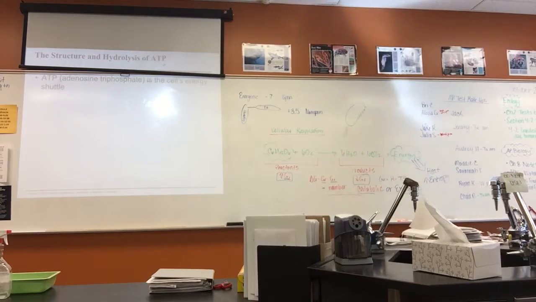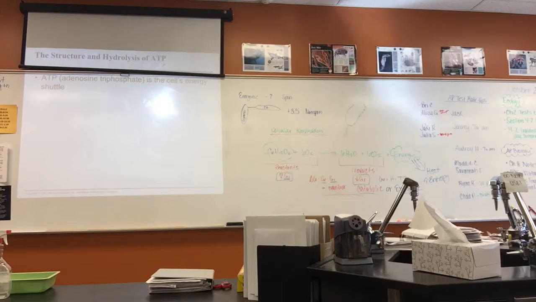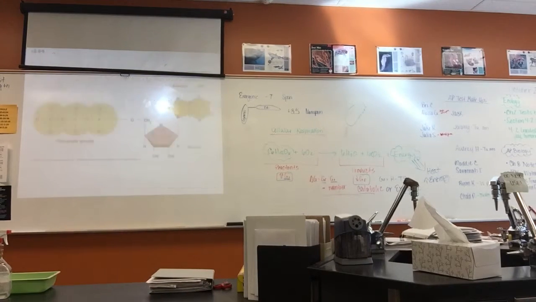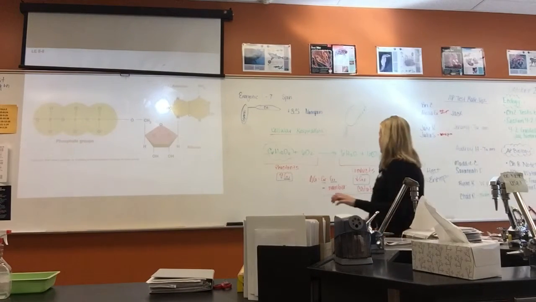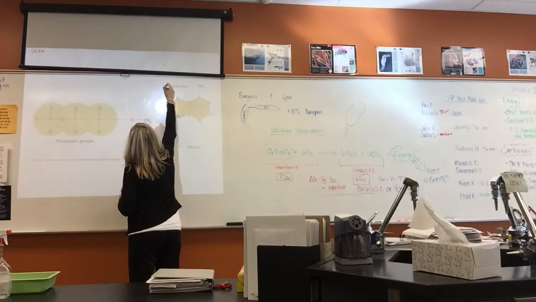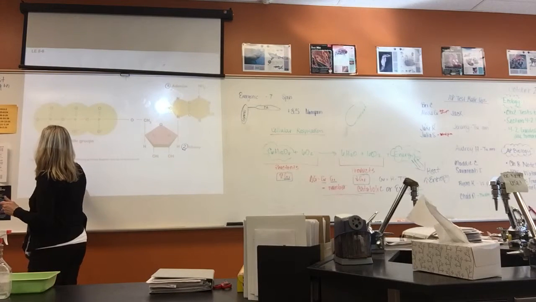So let's look at the structure of ATP. ATP is called adenosine triphosphate, and it provides energy for cellular functions. And here's the structure of ATP. ATP has three major parts: adenine, ribose, and then your three phosphate groups.